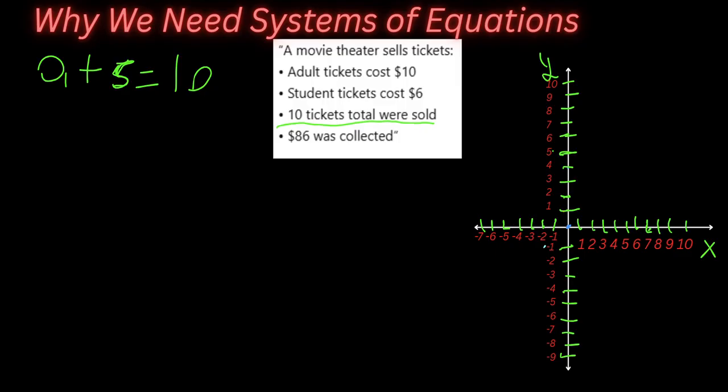And let's also define the second portion as 10A, because we have $10 per adult ticket, plus 6S, because we have $6 per student ticket, equals 86.